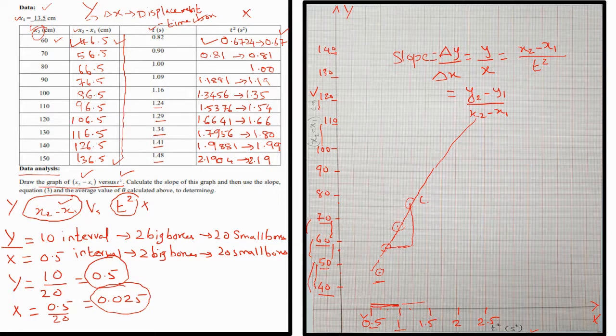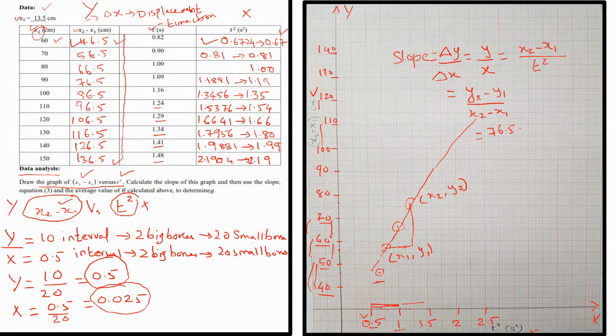This point is x2, y2. This value is x1, y1. Now I'm going to substitute the values here. What is the value of y2 here? My y2 value is 76.5.